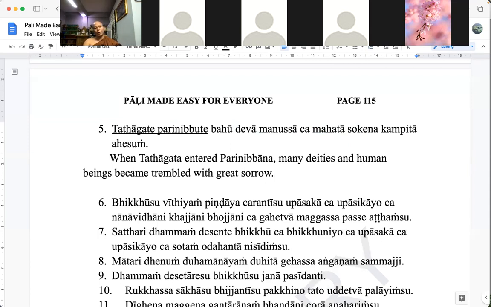So when the Tathagata entered Parinibbana, many deities and human beings became trembled, maybe became, yes, trembled also, okay, with great sorrow.